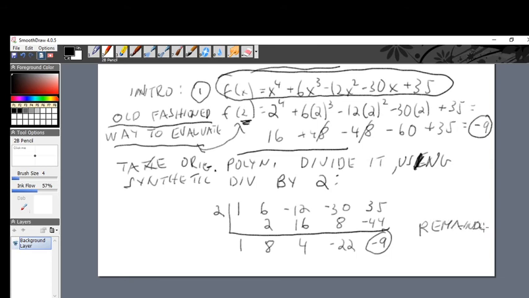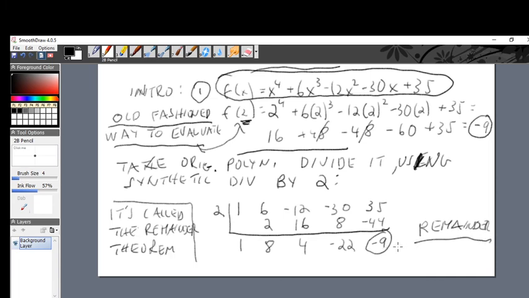That's why it's called the remainder theorem. The remainder right here and the old-fashioned answer are exactly the same. So there's another way of producing negative 9.